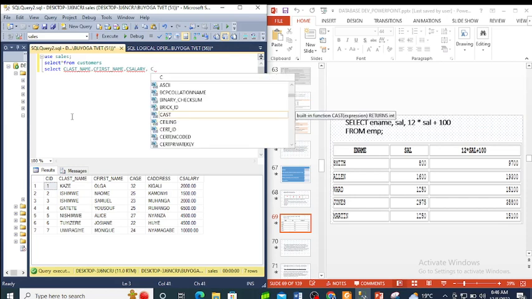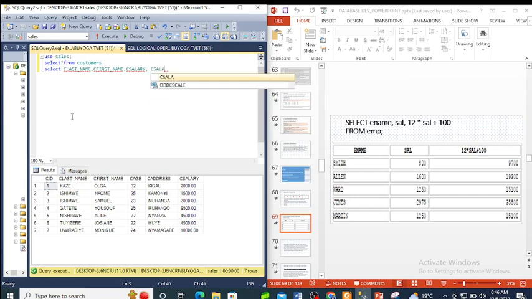We put C salary, we multiply it by 2, then we add maybe 100, for example, then from customers.